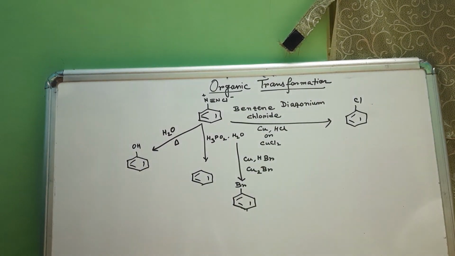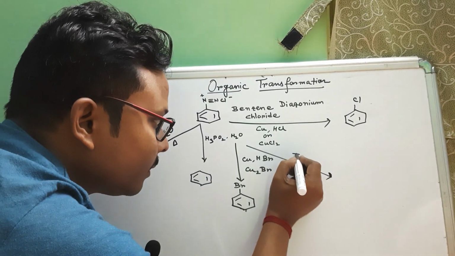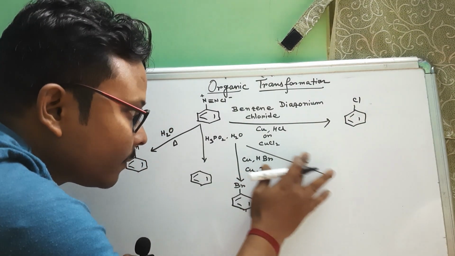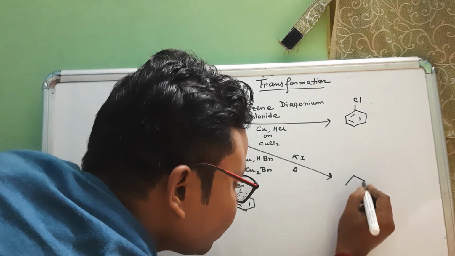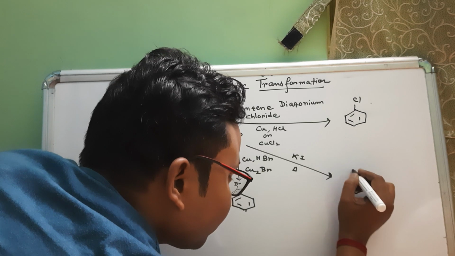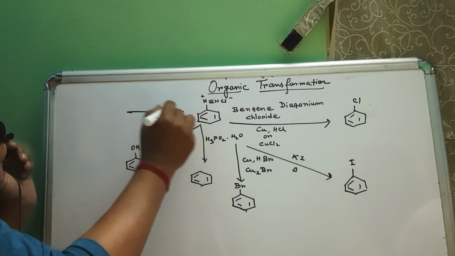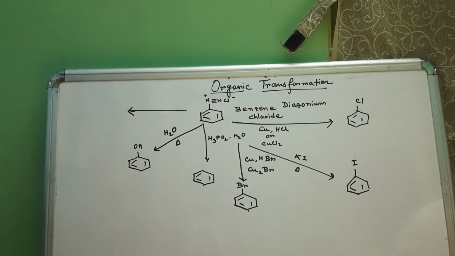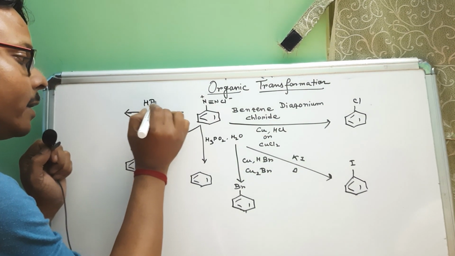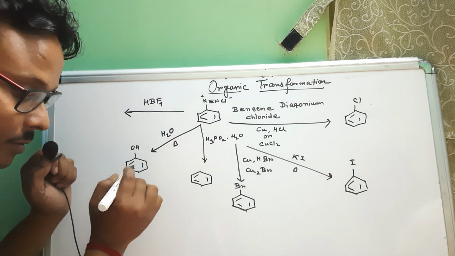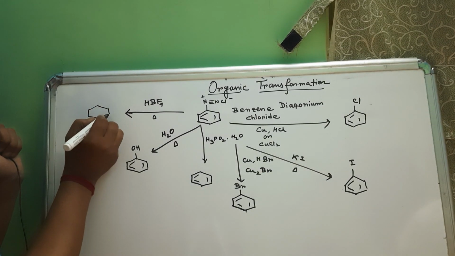And if you treat this with KI, iodine, you will get iodobenzene. And if you treat this with, very important reaction, HBF4, fluoroboric acid, and heat, you will get fluorobenzene.